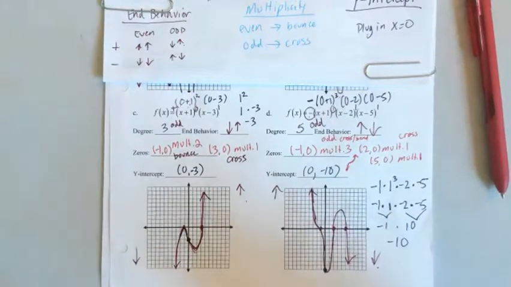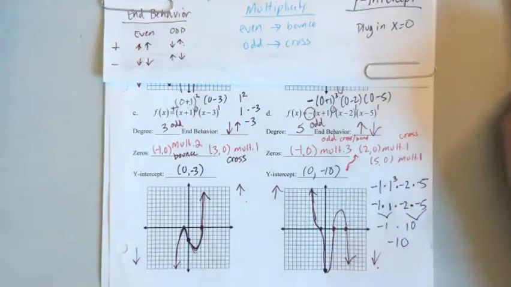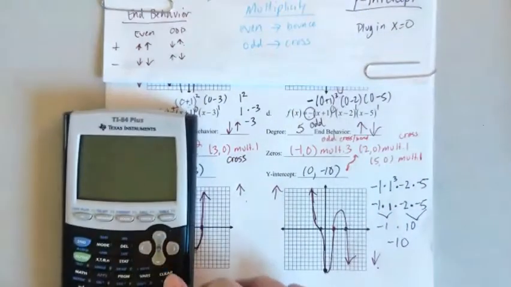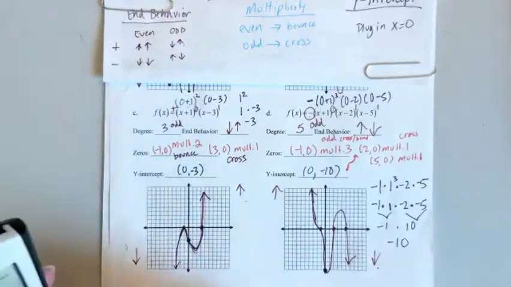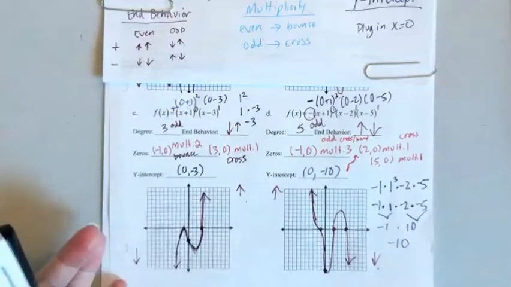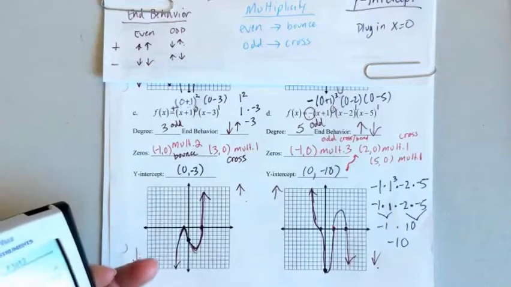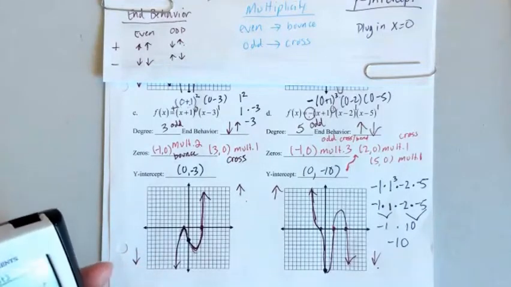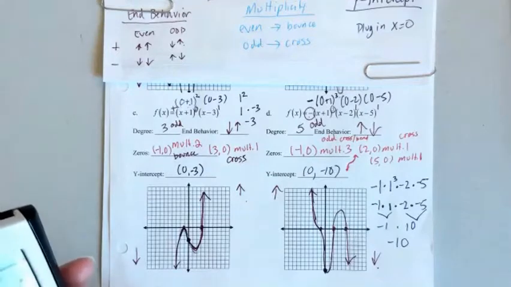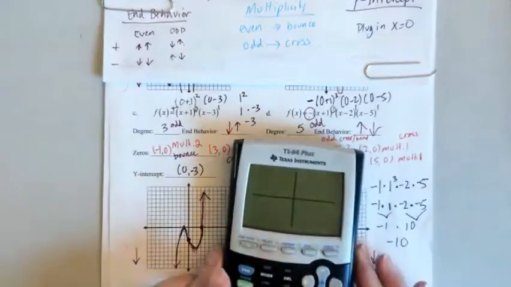Now, if you want to check any of your answers to these, you can still put these into your graphing calculator. If you throw in the original equations, like example C, you can type in exactly that equation and see what it should look like.